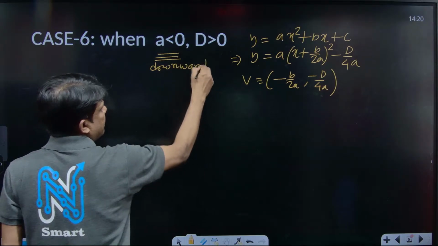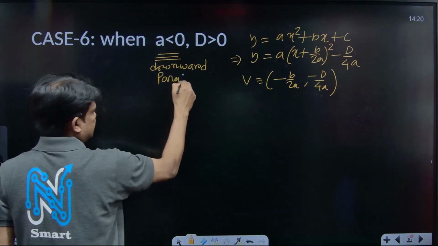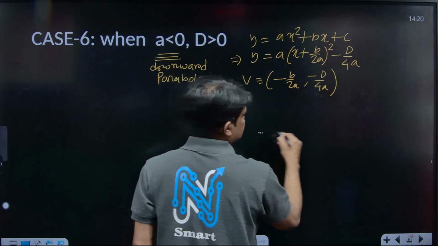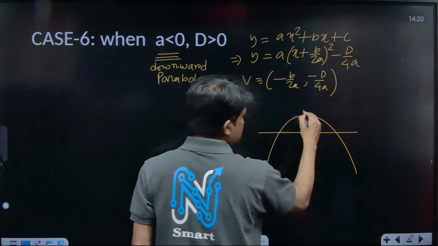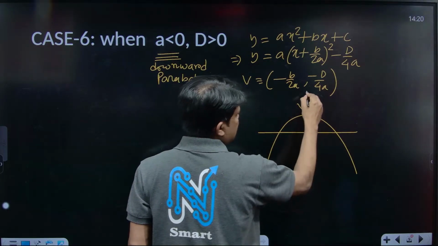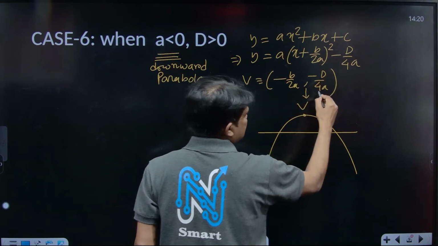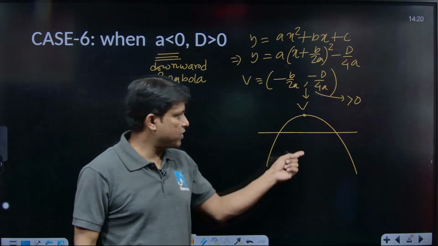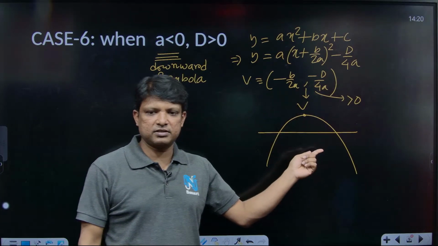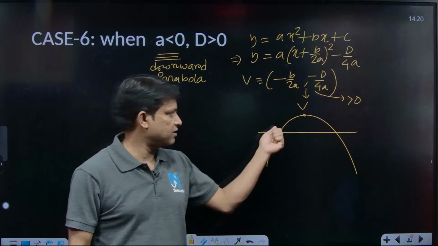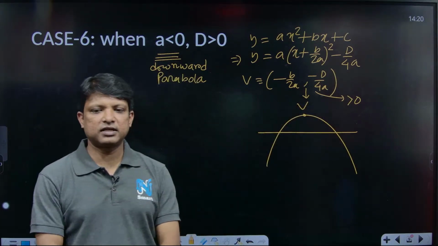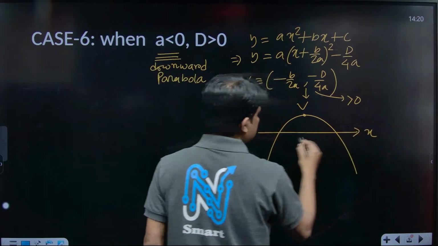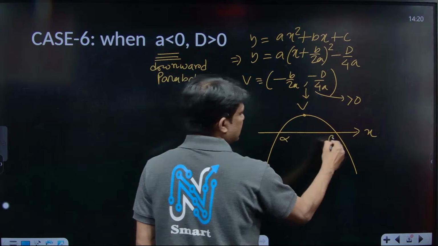This is a downward parabola, but the vertex ordinate is positive, so the vertex lies above the x axis because this quantity is positive. That's why the expression f(x) confirms it intersects the real axis at two distinct points, so it has two distinct real roots, one root alpha and another root beta.